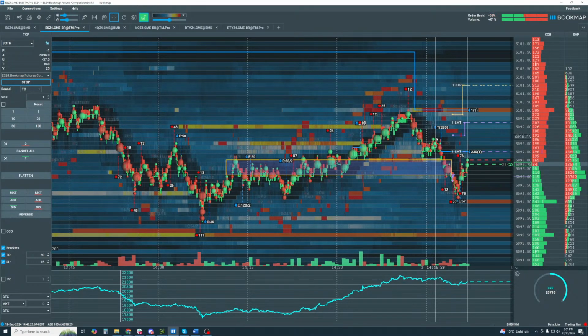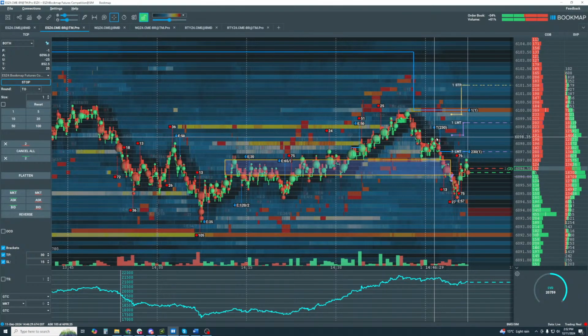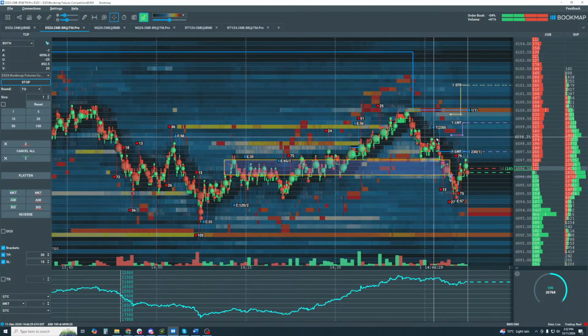Because one lot here is 10 micros, of course. So you can put in 3 micros and see if this works for you. And if it does, you're going to have more likelihood it'll work out on your side.